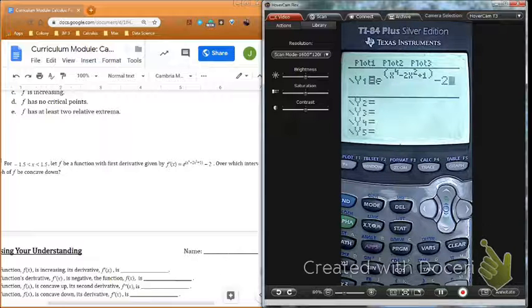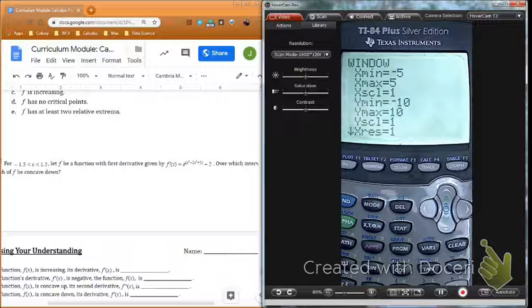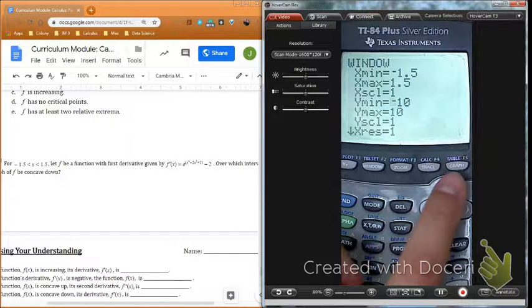So we're going to go to window, and I'm going to put negative 1.5 to positive 1.5. And then for the y min and y max, we can keep it as negative 10 to positive 10 for now. If we need to come back later and fix that, we can fix that. So here's what my graph looks like. I don't think that's a very good picture of the graph.